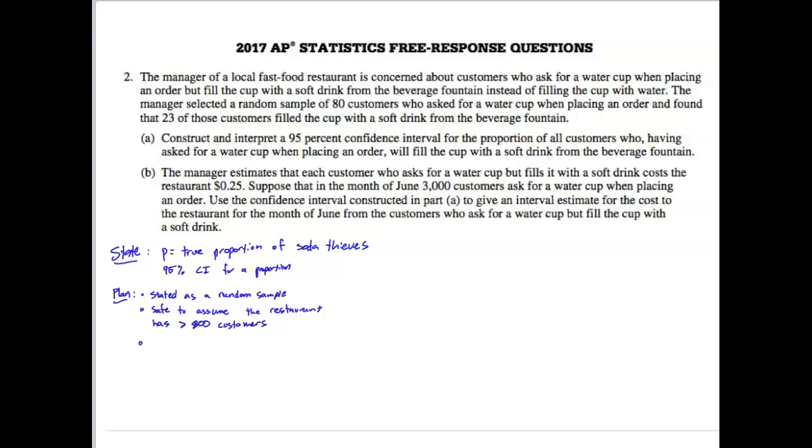All right, large counts would be our sample size, which is 80, times our p hat, which is 23 out of 80, which is 23, which is definitely greater than 10. And then finally 80 times 1 minus p hat, which would be 57 out of 80, which is 57, which is also greater than 10.